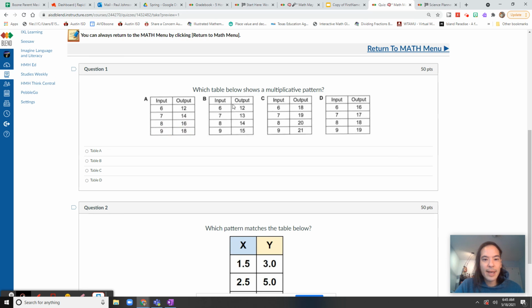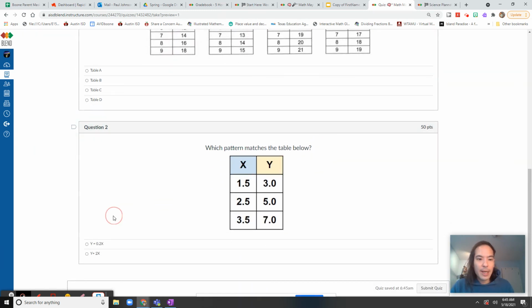All right, we're not adding, we're multiplying. Multiplicative pattern. So which one of these shows us multiplying times our input? So really do that 3rd grade, 4th grade, find the rules stuff, and whichever one of these tables has multiplication rules for all 4 pieces of data is the answer.